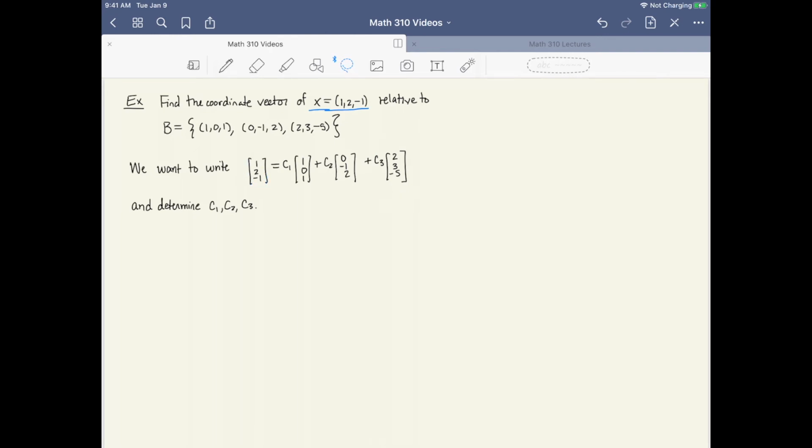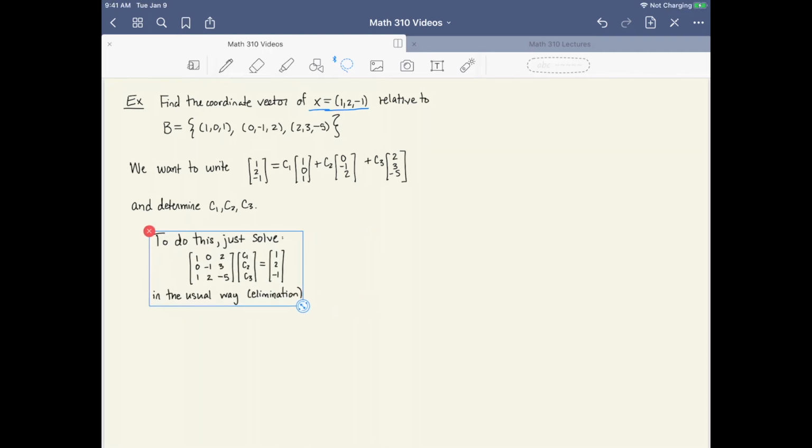So in other words, we're just trying to determine these scalars c1, c2, and c3. But wait, this is the same problem we're always solving. This is just solving a system of equations. Instead of x, y, and z, now we're looking for c1, c2, and c3. So just like we solve all the other problems, we're just going to use Gaussian elimination to solve this. Let me just repackage this problem, and then you'll see what I mean.